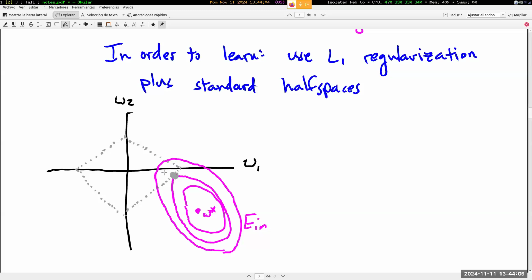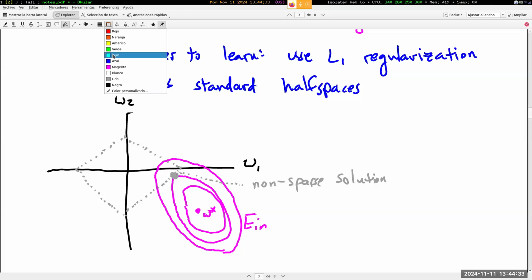All the other points inside of this diamond have a larger in-sample error than this point. So this is a non-sparse solution, because we're considering both the W1 value and the W2 value at the same time. This particular hypothesis depends on both W1 and W2.